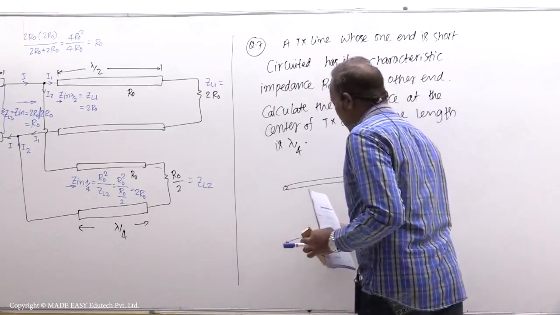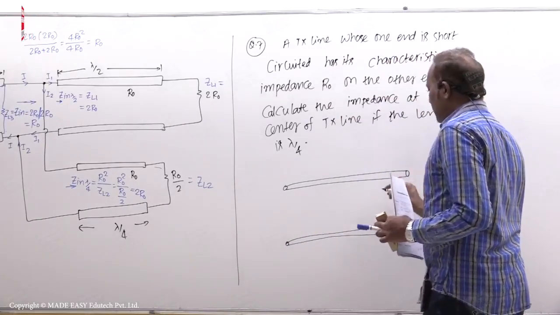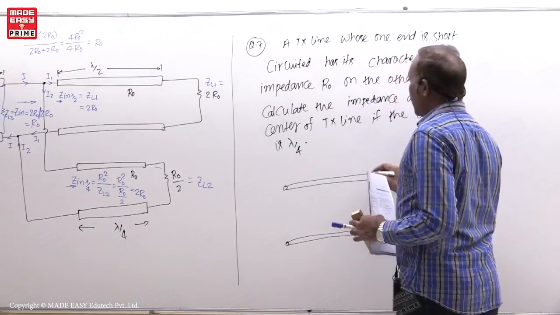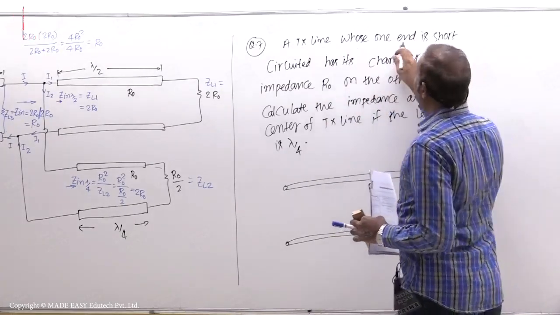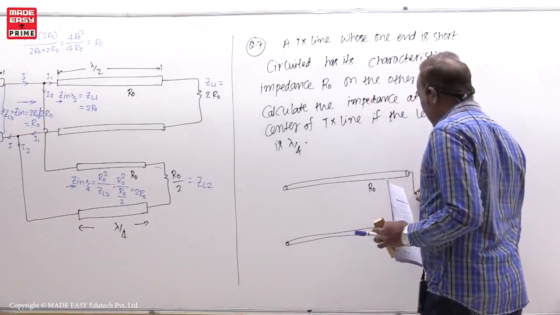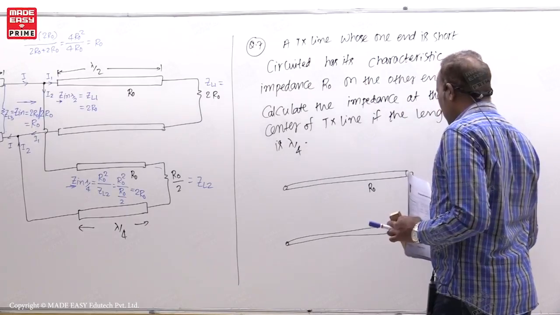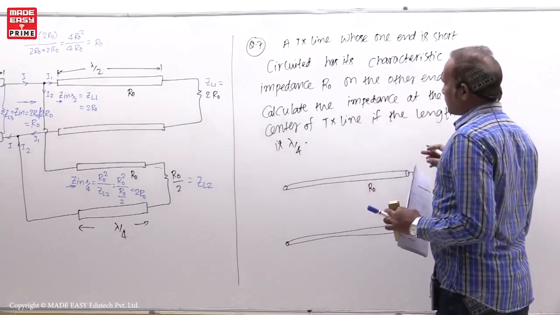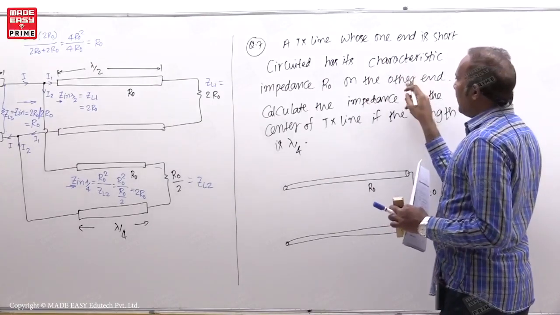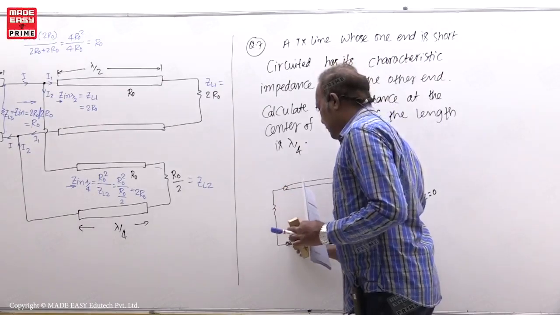This is the transmission line. The characteristic impedance of this is R naught. One end is short circuited like this, so ZL is equal to 0. The other end is terminated with its characteristic impedance R naught like this.